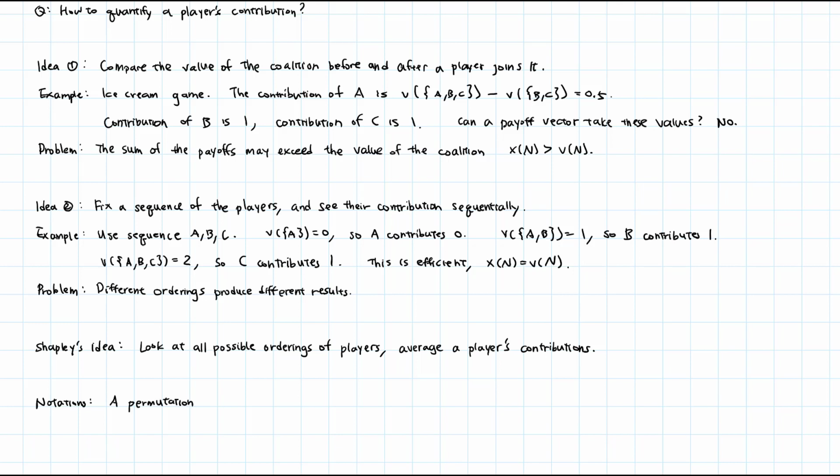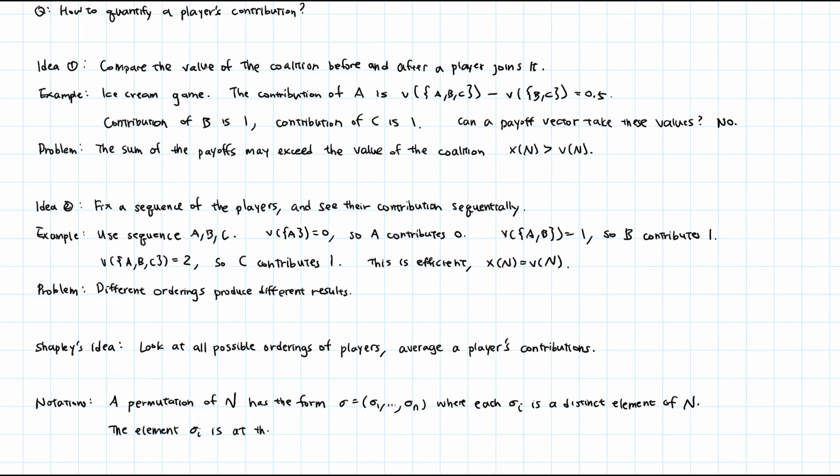A permutation of N has the form sigma, which is sigma 1 to sigma N, where each sigma i is a distinct element of N. Essentially, this is an ordering of the players in a line. The element sigma i is at the ith position of sigma. The set of all permutations of N is denoted S sub N.